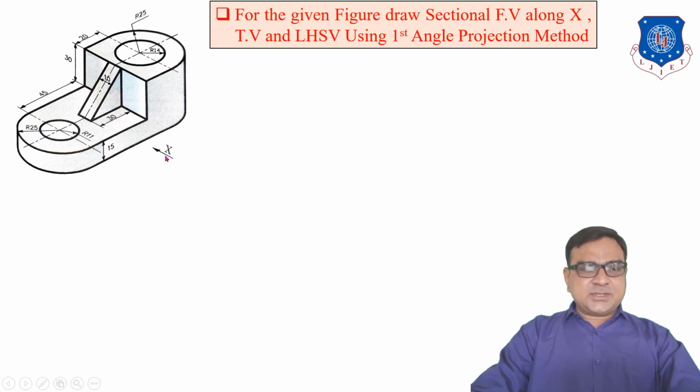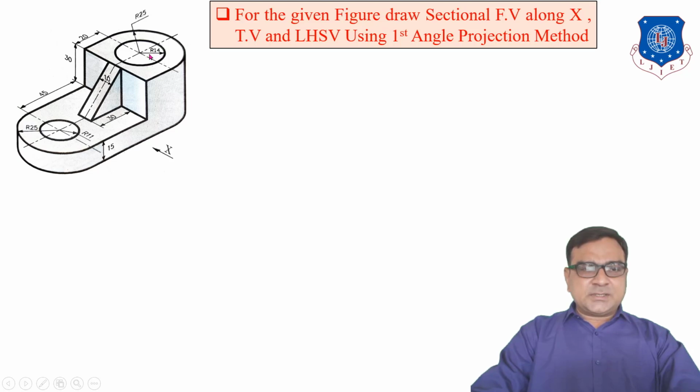The X direction represents the position of the observer. In this object, first of all, we have to find out all the dimensions for the particular part. Suppose here there are two holes. This hole is of radius 14.